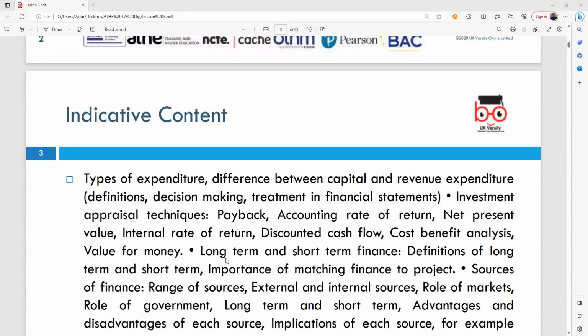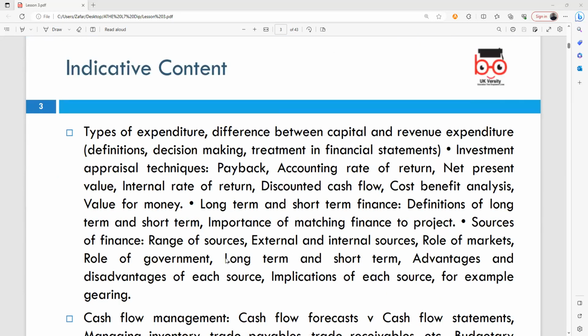We'll be looking at the types of expenditure, for example capital expenditure and revenue expenditure. Capital expenditure is where we invest money in long-term projects, and revenue expenditure is like repairs, maintenance or running costs of these projects. So you should be able to distinguish between capital expenditure and revenue expenditure.